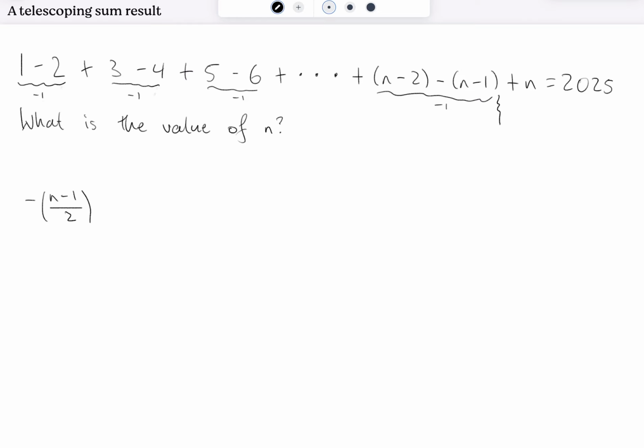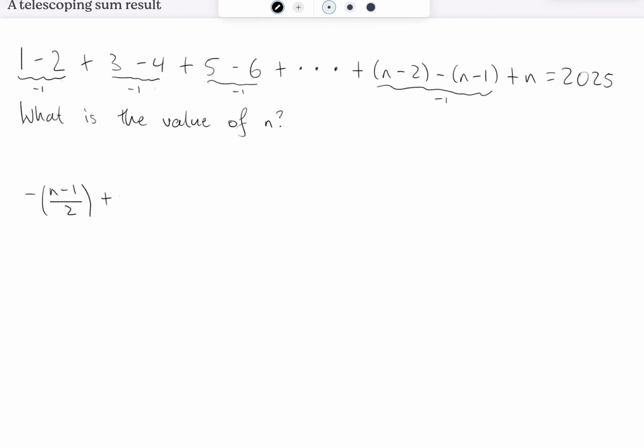And we still have to add the value of n, and that gives us 2025. So we've turned this telescoping sum into an algebraic equation we can then quite easily solve.